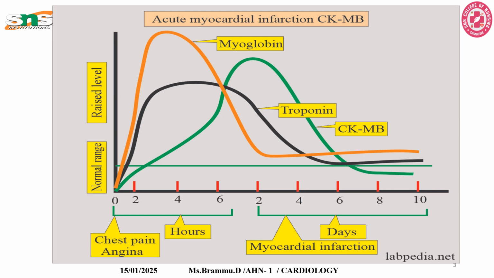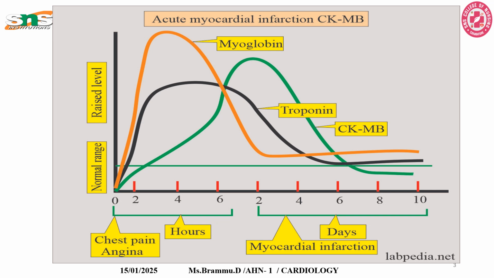And in the next diagram, the next bar which is increasing is your troponin. It is not going to the peak immediately, but on the 4th or 5th hour it reaches its maximum intensity, and then there is a small plateau or downward curvature, and it comes to near normal by day 6 or 7.